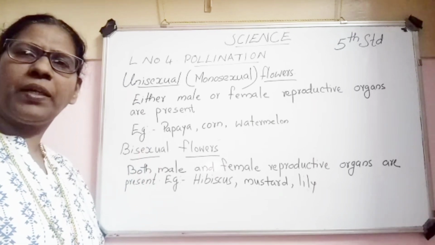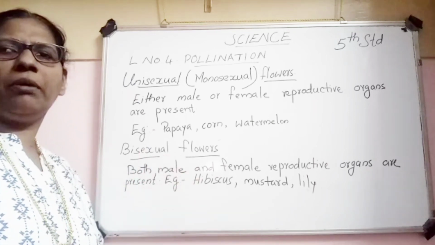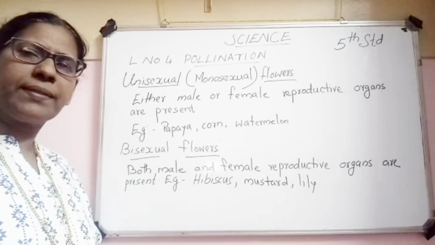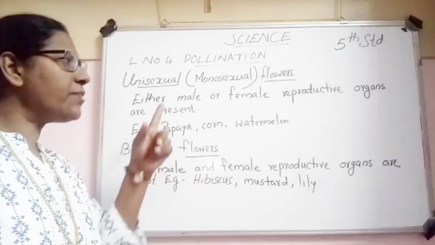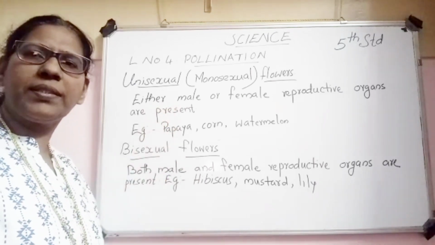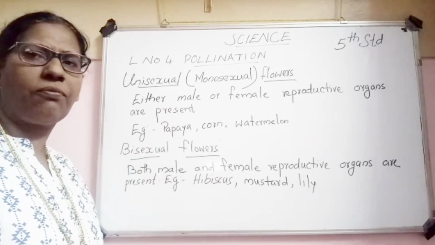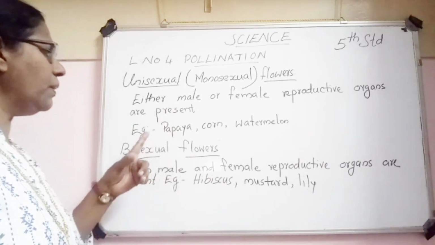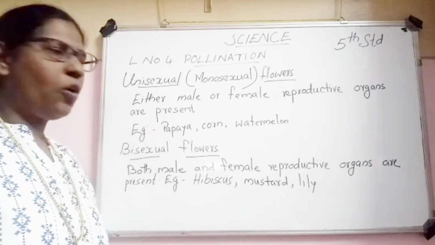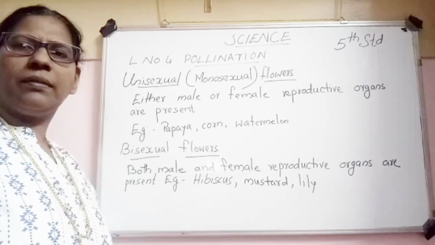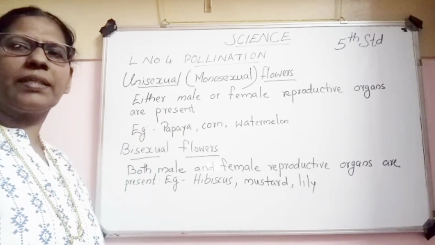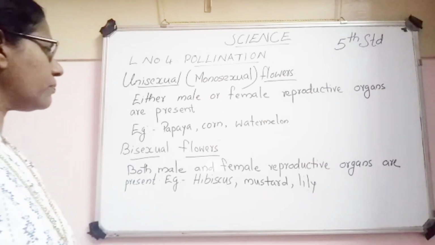Either the male or the female reproductive part is present in the flower. Such a flower is called unisexual or monosexual. Examples: papaya, corn, watermelon.